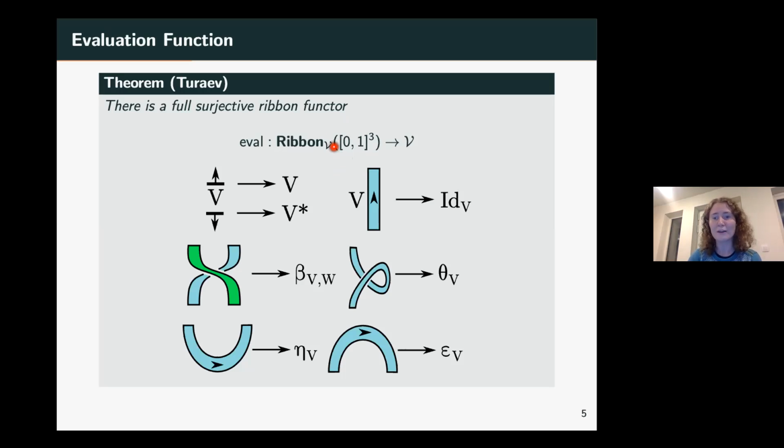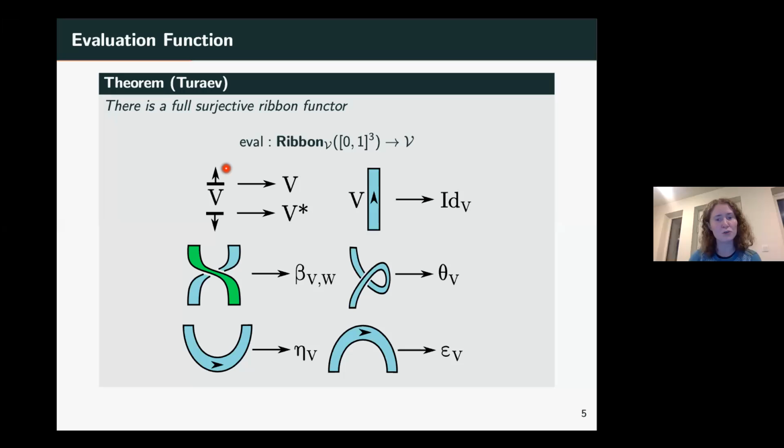And so if you have this, then you can define a functor called evaluation, which goes from the ribbons on this cube to the thing that we've colored our ribbons with. And so what it does is it takes the objects. So the objects, if you remember, are just going to be colored like little intervals, so framed points with a direction.